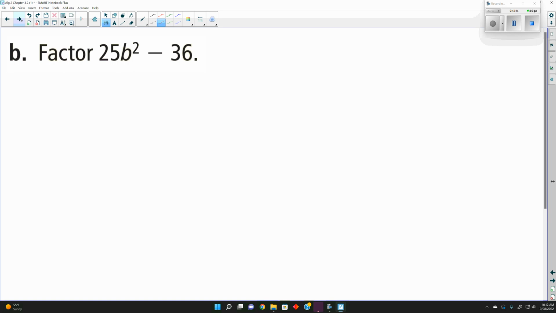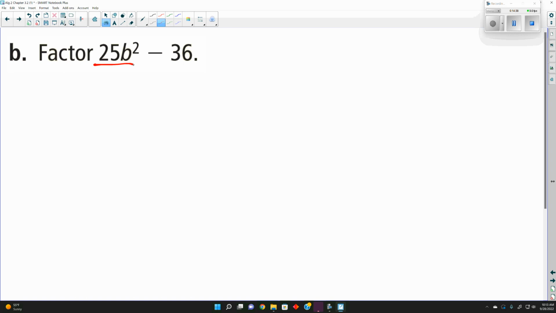Let's look at this one here. 25b squared minus 36. I think they might have gotten a little out of order. Yes? Yep, I'll have to fix that later. What times itself is 25b squared? What times itself is 25?